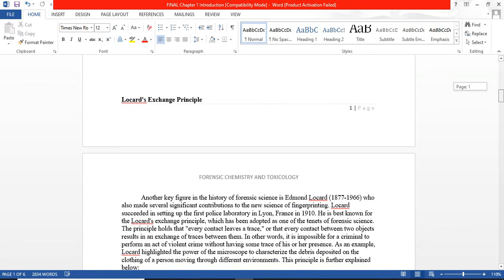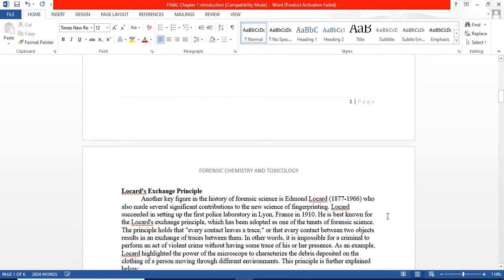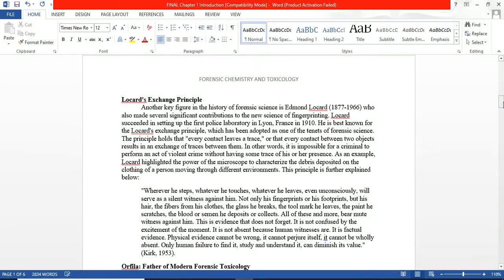What is Locard's exchange principle? It is another key figure in the history of forensic science, Edmond Locard. Edmond Locard also made several significant contributions to the new science of fingerprinting. Locard succeeded in setting up the first police laboratory in Lyon, France in 1910.